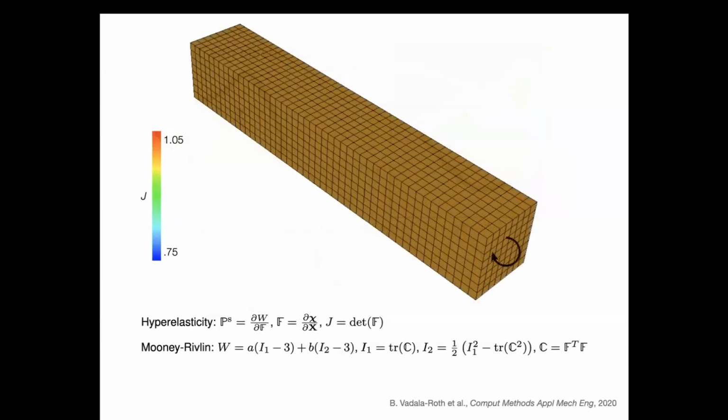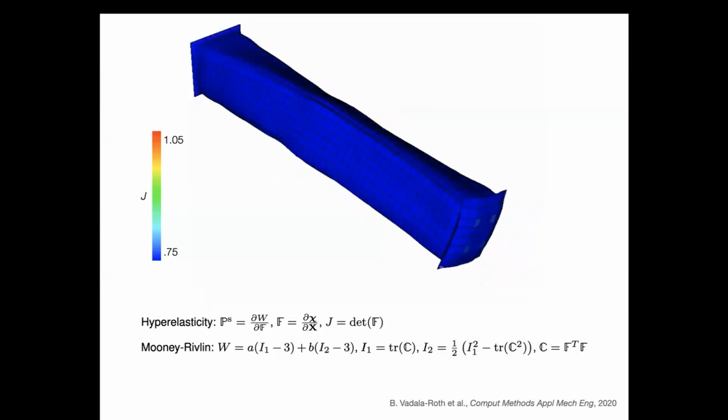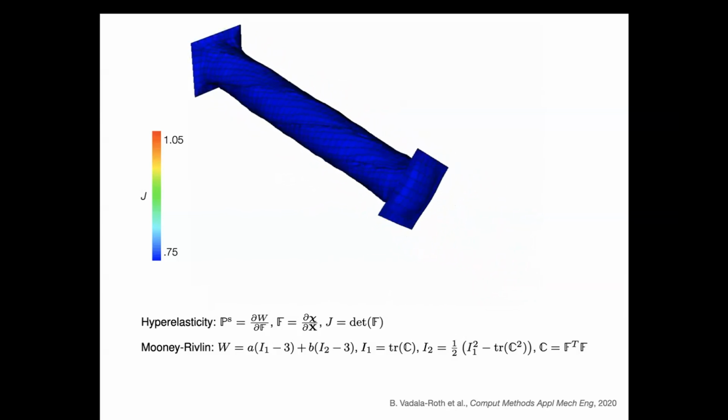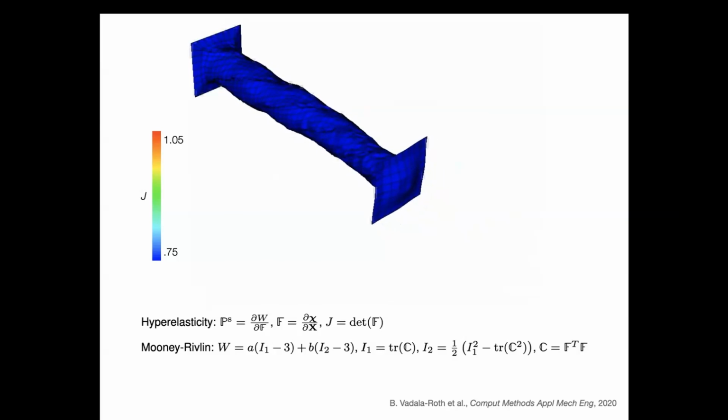There's been work over the years that says, if you use the immersed boundary method for these kinds of problems, you get very bad volume conservation. Period. End of the story. And that's the case if you don't treat the mechanics model carefully.